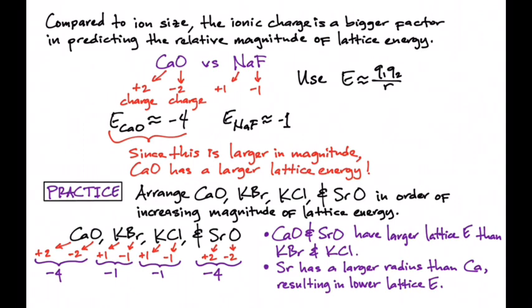Bromide ion or the chloride ion? Well, bromide ion is right below the chloride ion in the periodic table, and so that would have a larger ionic radius. So in that case, KBr has the lowest lattice energy. So we have calcium oxide followed by strontium oxide, and then KCl, and then KBr would have the lowest lattice energy.